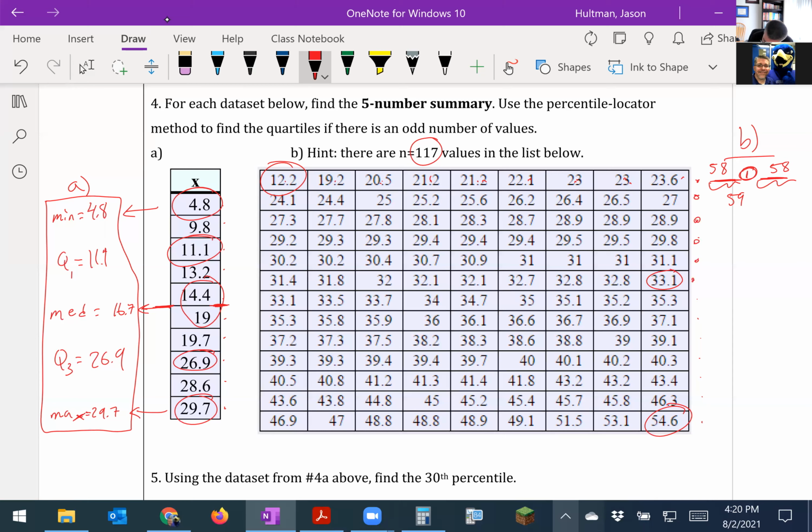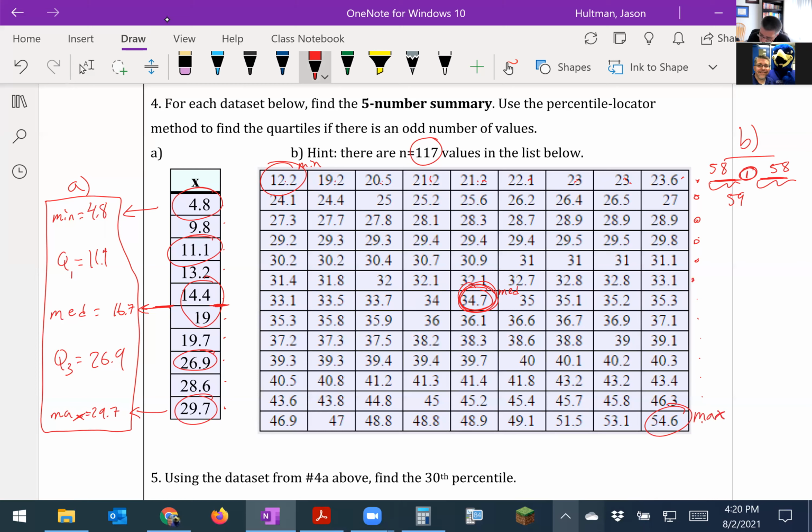So this is my 54th, 55th, 56th, 57th, 58th, 59th. Look at that right there. I'm going to erase the other ones. Boom. And so my median ended up being 34.7. Okay, so that's my median. So I have my minimum, I have my median, and I have my maximum.